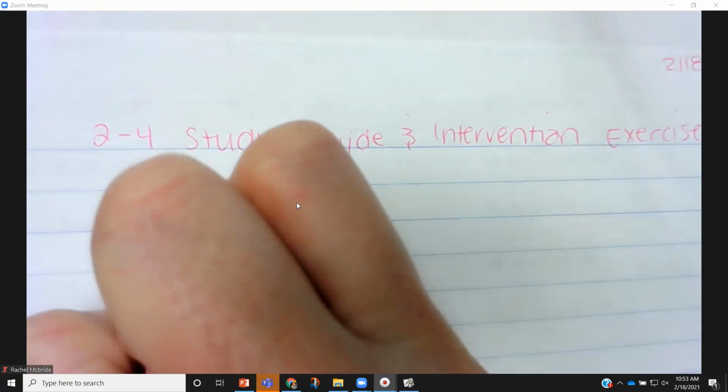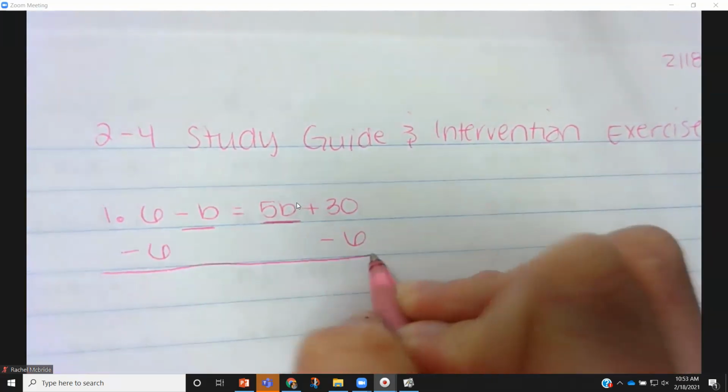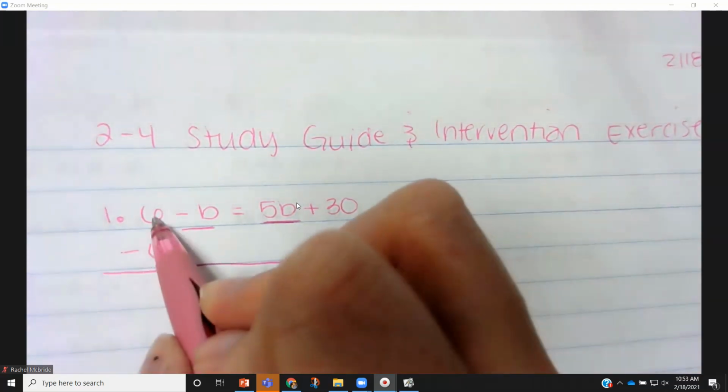Does anybody have something they want me to do first to move the variable? Because you have two choices, kind of. Abby, what do you do? Yep, we can do that. You want to subtract 6 from both sides. Guys, notice how I stack up my numbers. 6 minus 6 goes away.